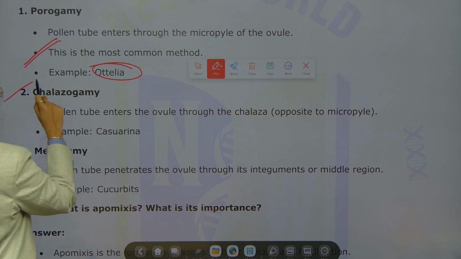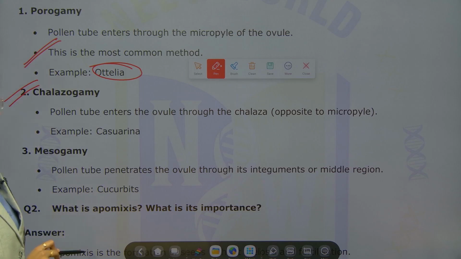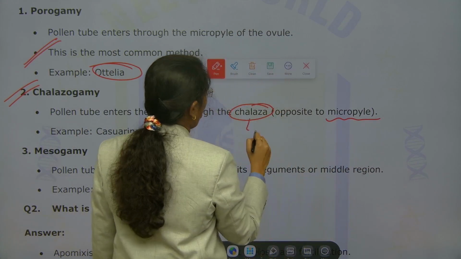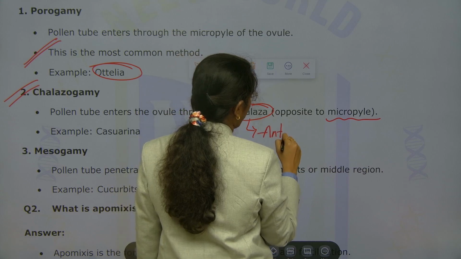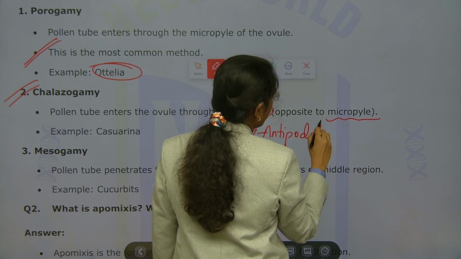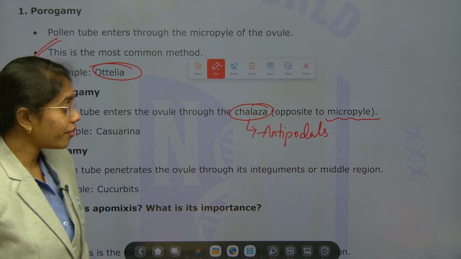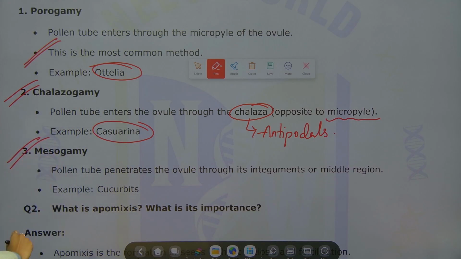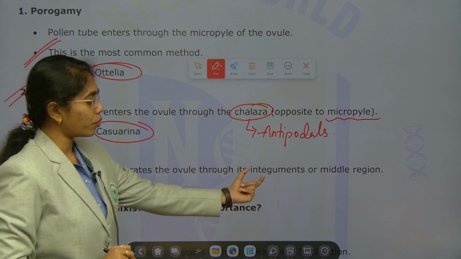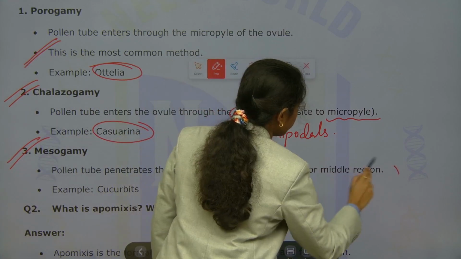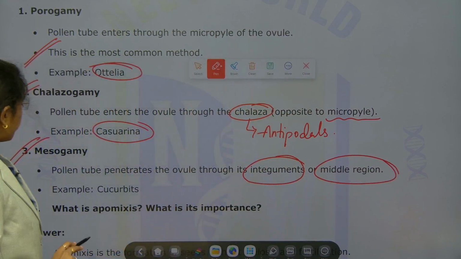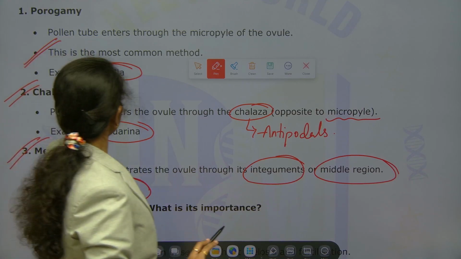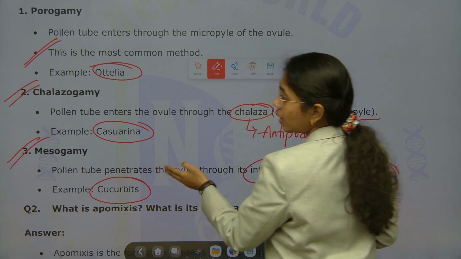Next is chalazogamy, where pollen tube entry is through the chalazal end, which is opposite to the micropylar end, or at the region of antipodals. This you can also mention. Example you can take is Casuarina. Next is mesogamy: the pollen tube penetrates the ovule through the integuments or middle region. Example you can take is cucurbits. So this is porogamy, chalazogamy and mesogamy.